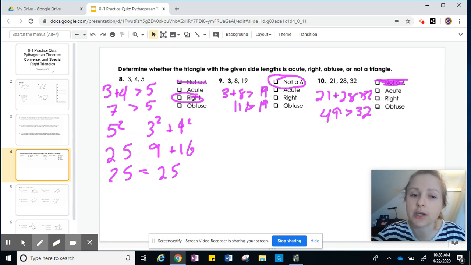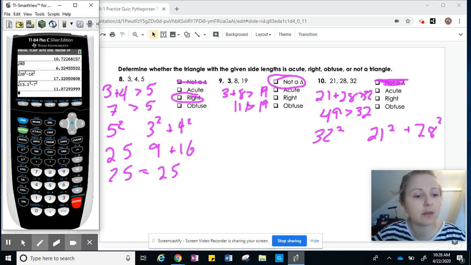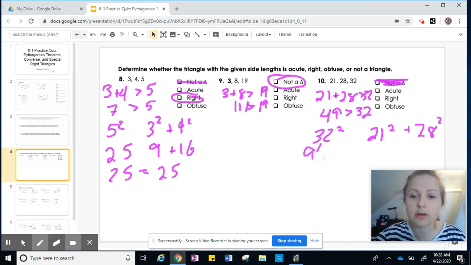So now we just need to check the Pythagorean converse. So 32 squared. We need to see how that relates to 21 squared plus 28 squared. I don't know what that is off the top of my head, so let's check it out. Let's take out our calculator. 31 squared, oops, not 1 squared, 31 squared is 961.